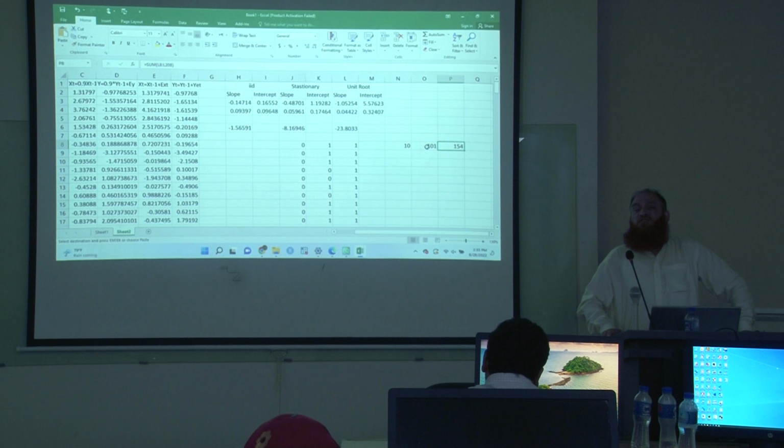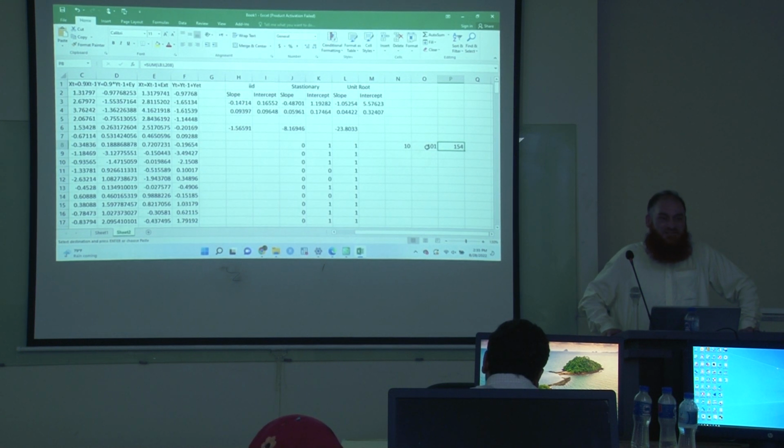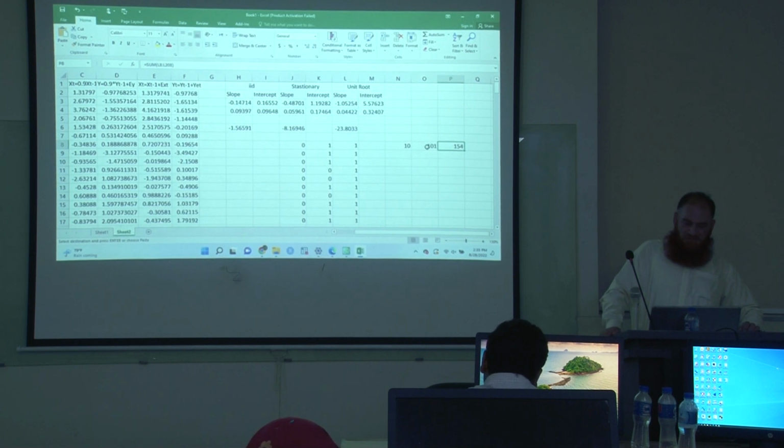So if it is regressed on its own past value, you will not find spurious regression. This is my claim, and now I will show you it actually happens. If you are including the past value of the same series in the model, you will not find any spurious regression. Let me tell you.